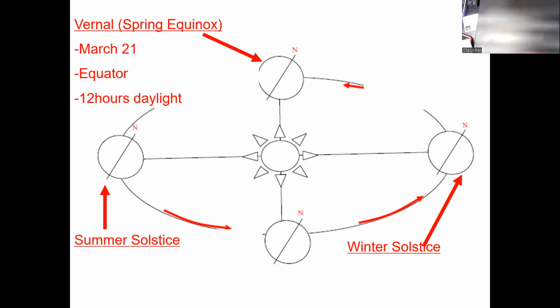Equal, equator. Pointing directly at the equator. We're gonna focus in on that in the next slide. Maybe I should have done it first. All right, let's do the last one, the fall equinox.